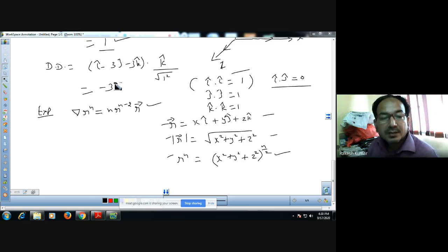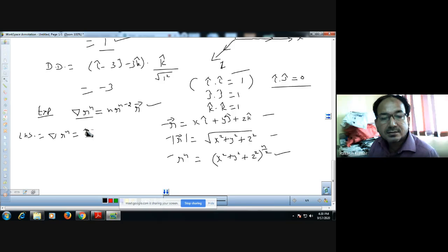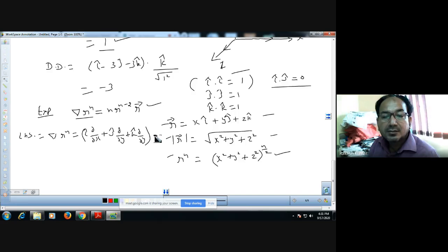So let us use it on the left hand side. The left hand side is the gradient of r raised to power n. And what is the gradient? That is the definition of the del operator: i cap del by del x plus j cap del by del y plus k cap del by del z into r raised to power n.